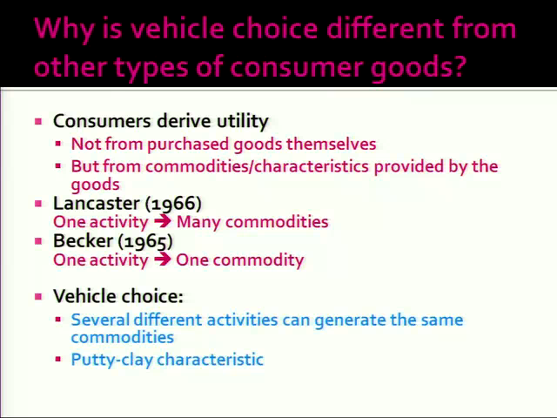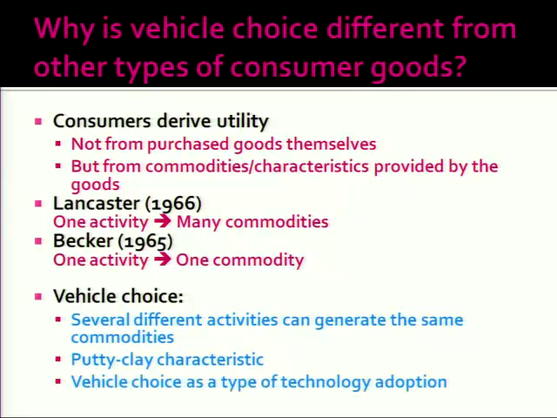So like clay, very rigid. You have less of a substitutability between the car and other modes of travel because you've spent a large fixed cost on that good. So that really applies to all kinds of durables and also vehicles. So that's why it's different than usual consumption goods.